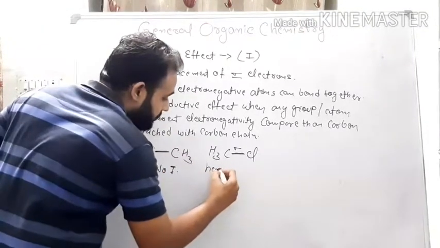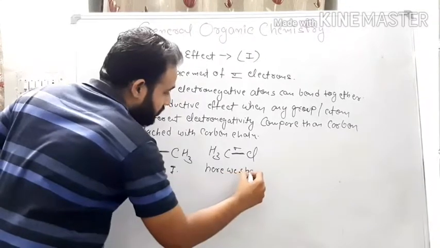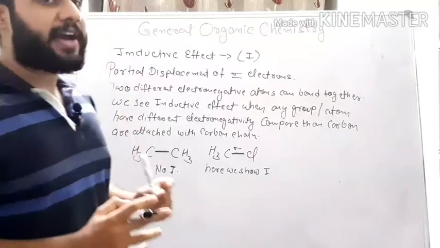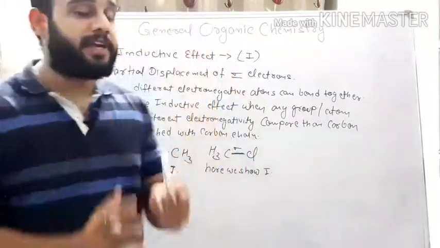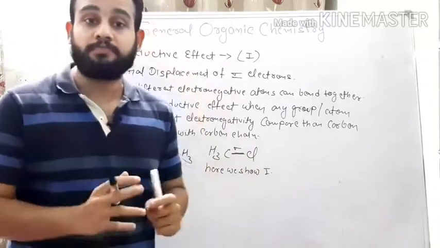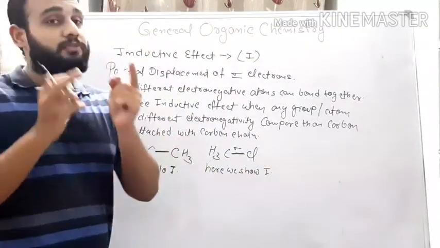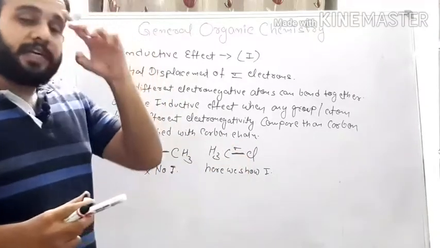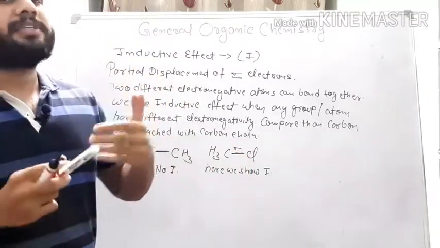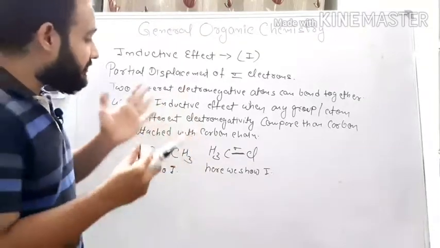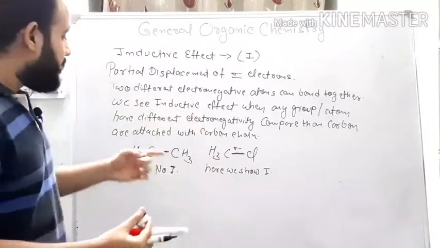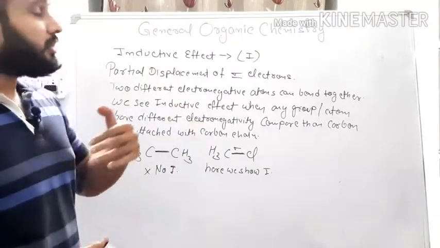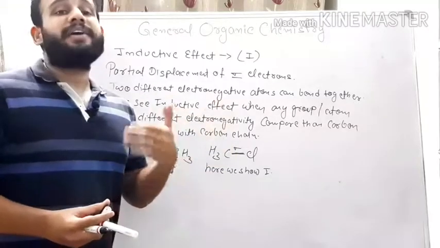Here we show I, because there is a significant difference of electronegativity between carbon and chlorine atoms. So the must condition is that the electronegativities of both atoms are significantly different. There is no inductive effect between carbon and carbon, but in a carbon-halogen bond you can simply see the inductive effect.